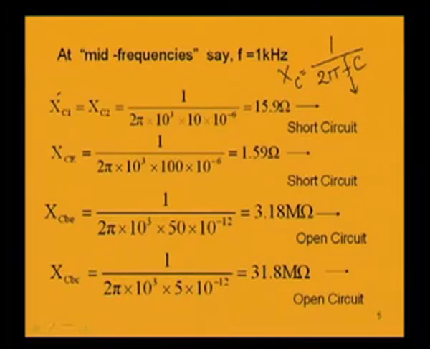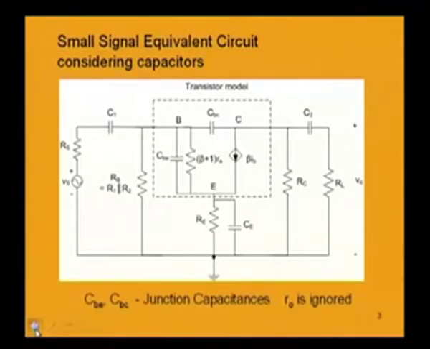If these values are higher, what will happen to the signal in the circuit, because we are now having a considerable reactance in this capacitance as well as this capacitance, all three will be offering considerable significant reactance.